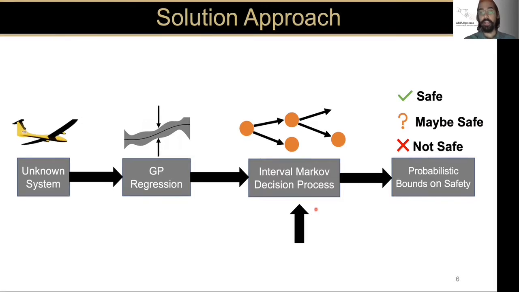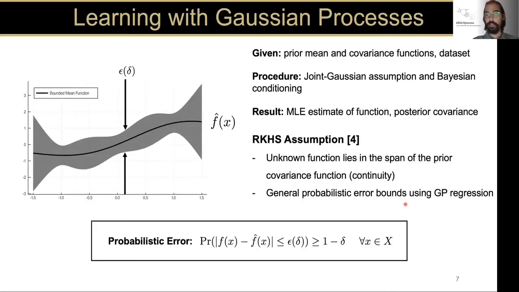This IMDP abstracts the unknown system in a finite state representation. And finally, we perform reachability on this IMDP to find probability bounds on remaining within the safe set if we start at each one of these states in the IMDP. So I'll briefly summarize the important parts of each one of these components.